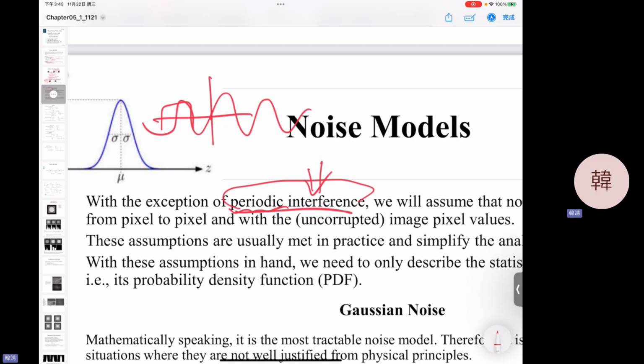So they have a main frequency and twice the main frequency and the triple, fourth. So if you have a periodic pattern, you can represent this noise by Fourier series, combined by some sinusoid signal and their harmonic wave signal.